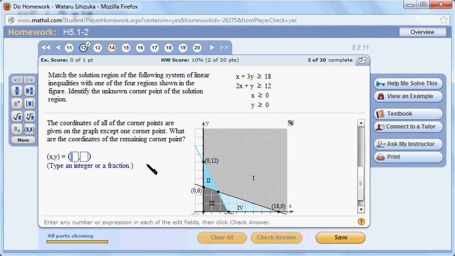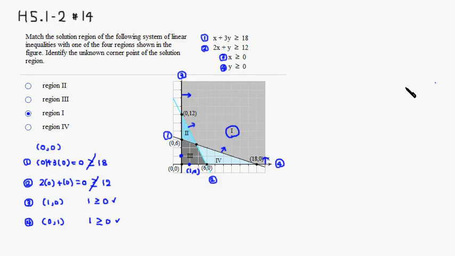All right, next part. The coordinates of all the corner points are given on the graph except one corner point. What are the coordinates of the remaining point? Let's go back and try to find that. The corner points would be this one right here, which is already given. This one is not given, so this is the one we want to find.